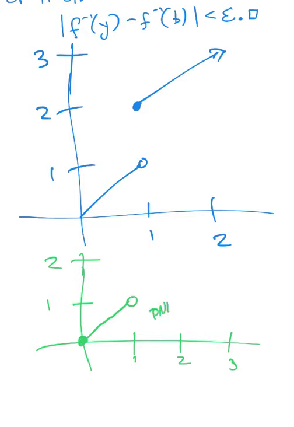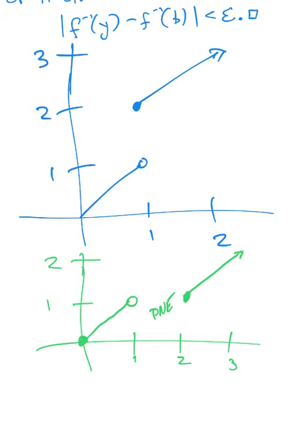And then F inverse from 2 onwards exists. That function is continuous. Okay, it's continuous on its domain.